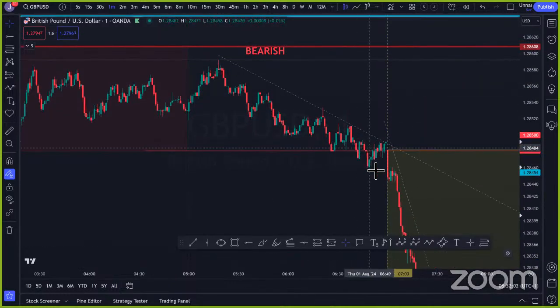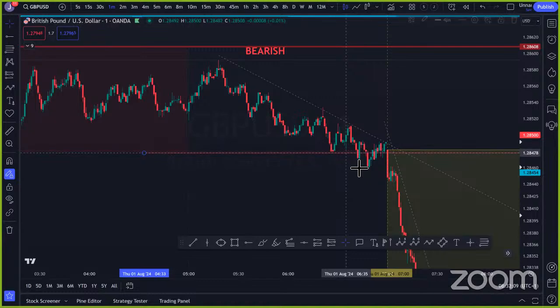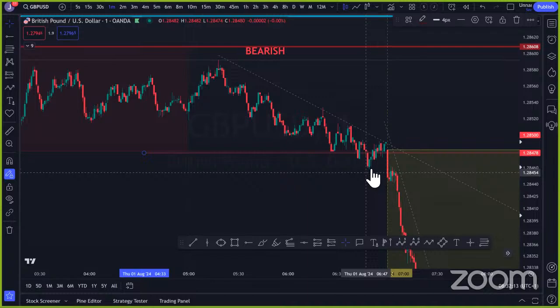It broke the structure in here. Whichever one you want to take, even if you took this one or this one, let's just take this one for now. It broke that structure, indicated, corrected without breaking the previous structure, and then continued and closed here.